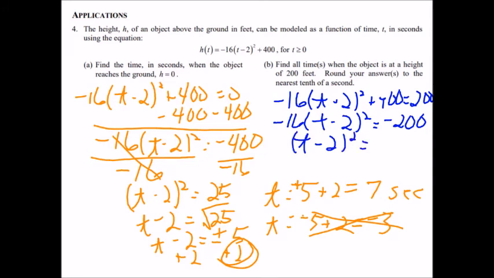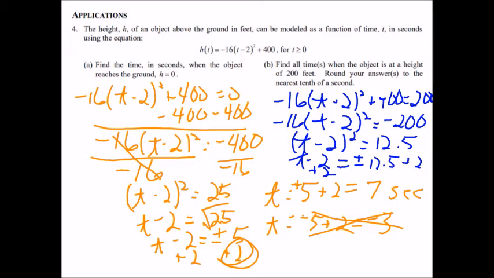And I believe that's going to give me 12.5. Right, 200 divided by 16. Yep. All right, so if I take the square root, it's going to be plus or minus the square root of 12.5. And then I'm going to add 2.